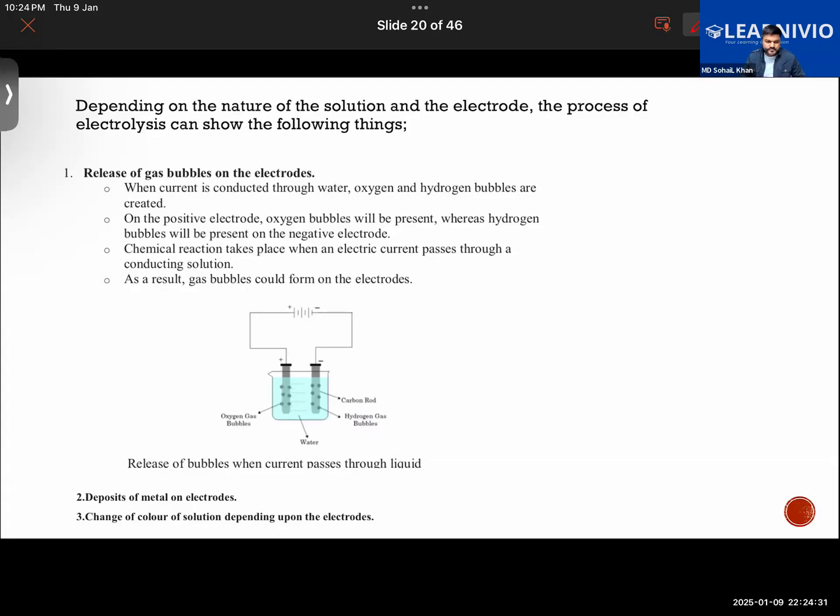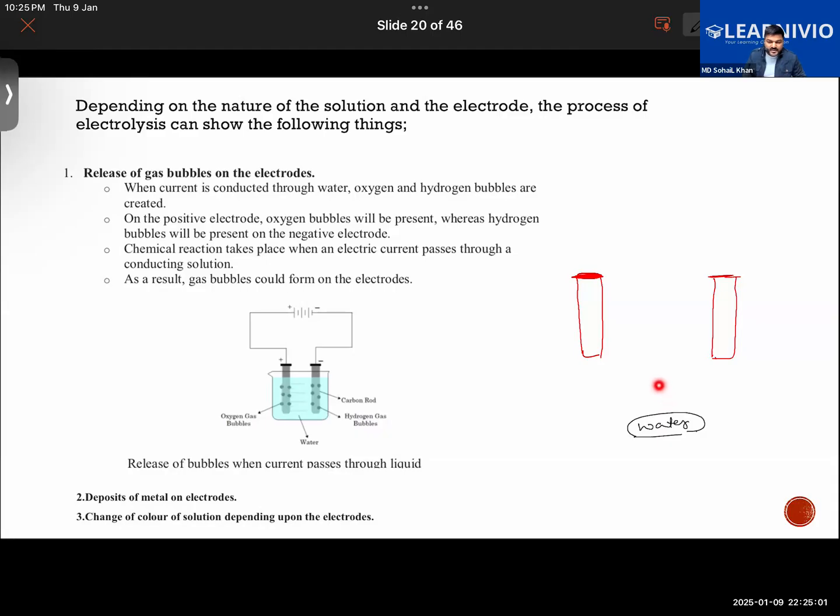On the positive electrode, oxygen bubbles will be present, whereas hydrogen bubbles will be present on the negative electrode. A chemical reaction takes place when an electric current passes through a conducting solution. As a result, gas bubbles could form on the electrodes.